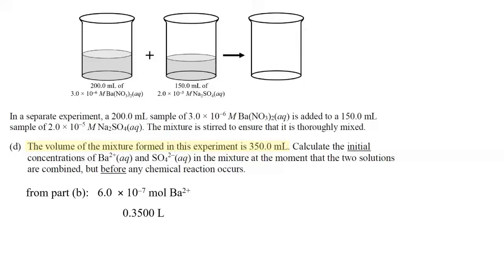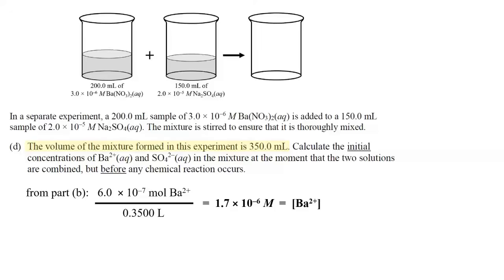So 350 milliliters becomes 0.3500 liters, and the number of moles from part B was 6.0 times 10 to the negative 7 moles of barium. When I divide by 0.35, I get 1.7 times 10 to the negative 6 moles per liter. So that is the concentration of barium in the mixture at the moment that the two solutions are combined, but before any chemical reaction occurs.